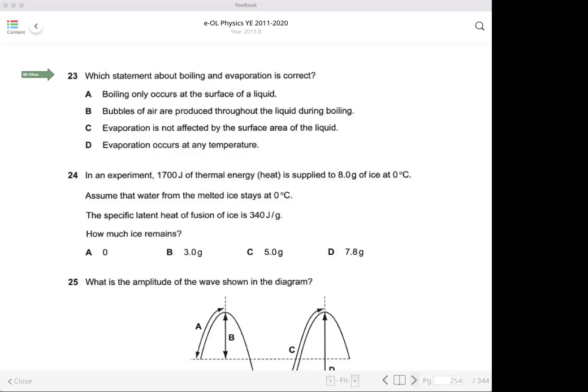Hao Rui says D. Bei Kwan says B. Huai Xing says D. Ryan says D. Oscar says D. And the last student is who?